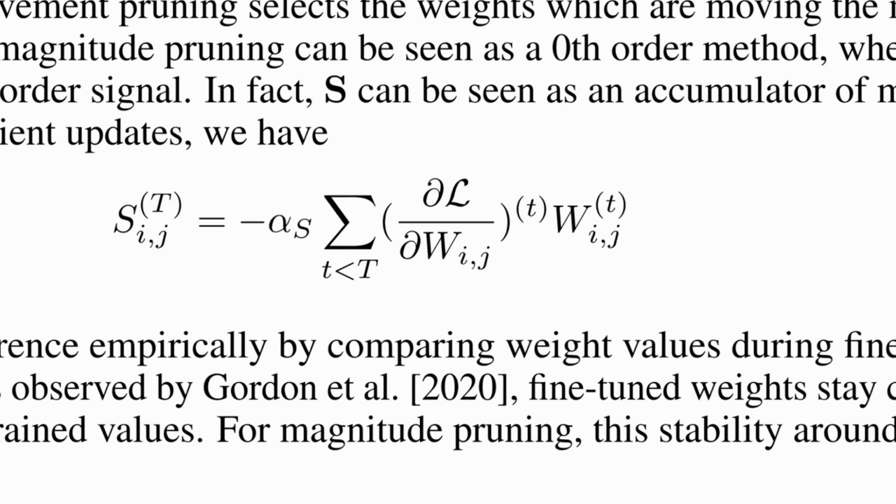This will actually result in these importance scores being an accumulation over the entire training of this quantity. And that's pretty cool, because that means eventually you'll have a consistent estimator of these importance scores across your training procedure.